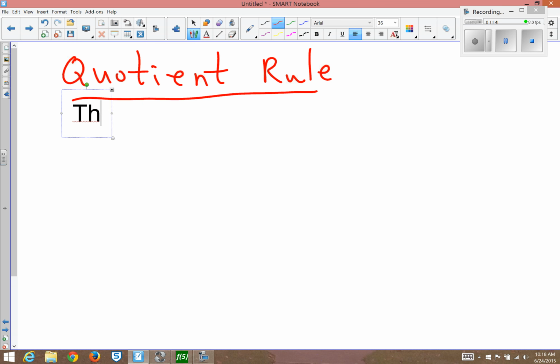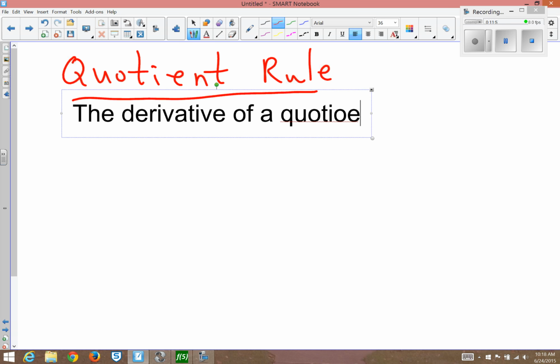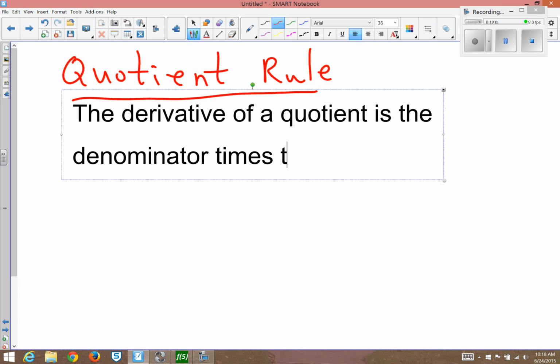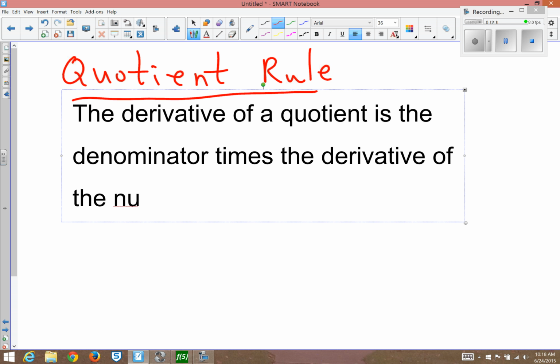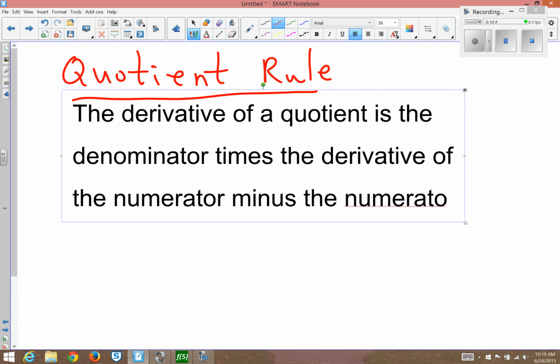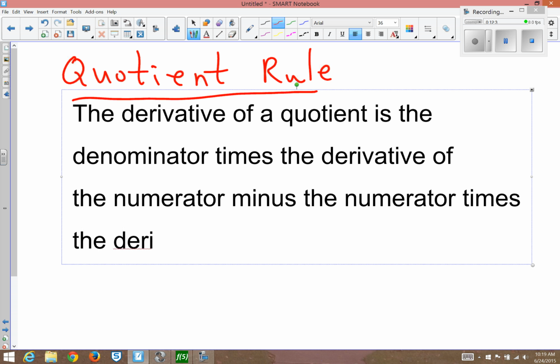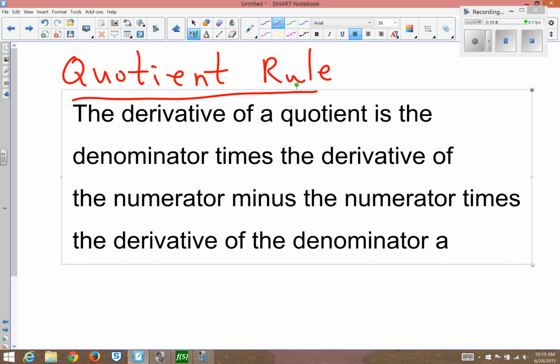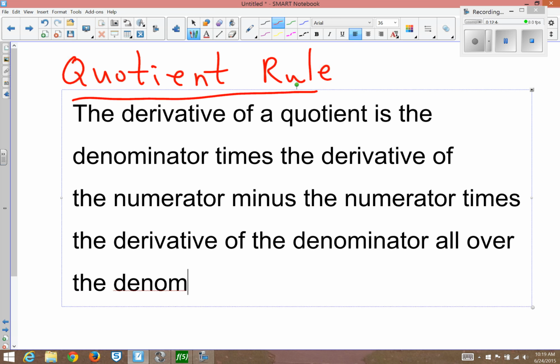The derivative of a quotient is the denominator times the derivative of the numerator minus the numerator times the derivative of the denominator, all over the denominator squared.